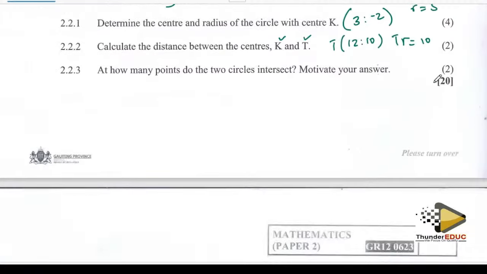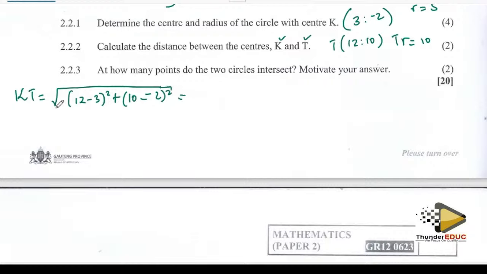So what we need to do is use the distance formula so that we just save time. So KT is going to be the square root of 12 minus 3 squared plus 10 minus 2 squared. I'll punch that into the calculator.